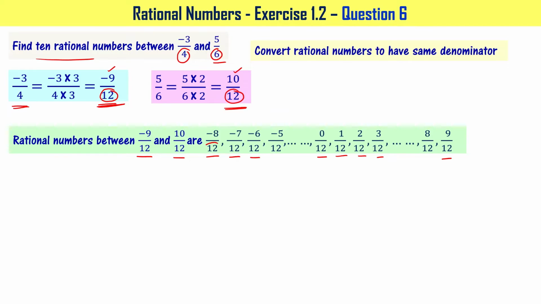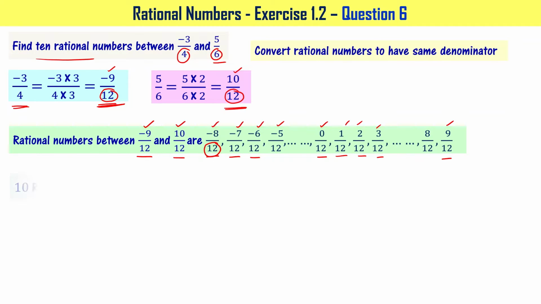All these numbers have got denominator same, that is 12, right? And look at the numerators, minus 9 and 10. In between, whatever integers you can think of, you can write all those. Minus 8, minus 7, minus 6, minus 5, and so on, 0, 1, 2, 3, and so on up to 9, right? Now, from this list, I can pick any 10 rational numbers, right?